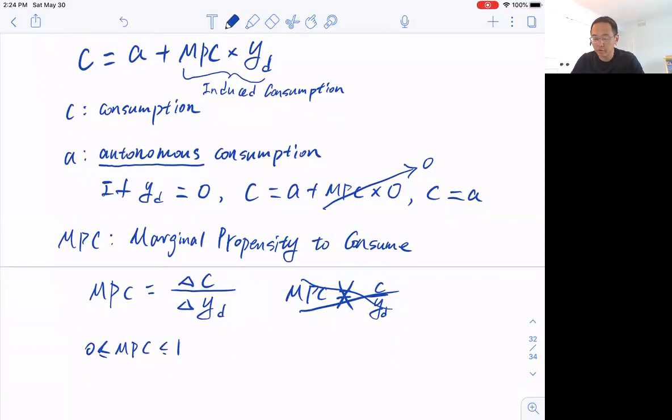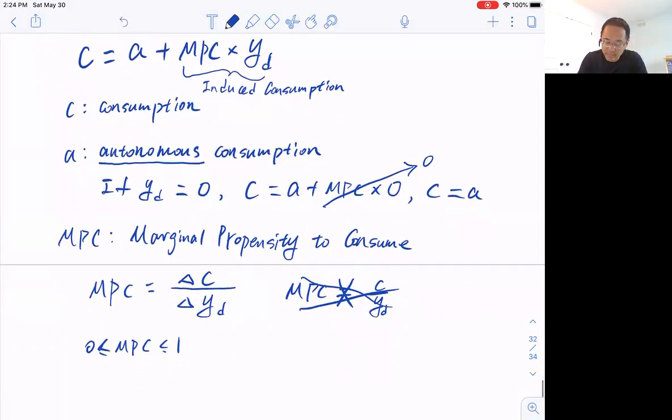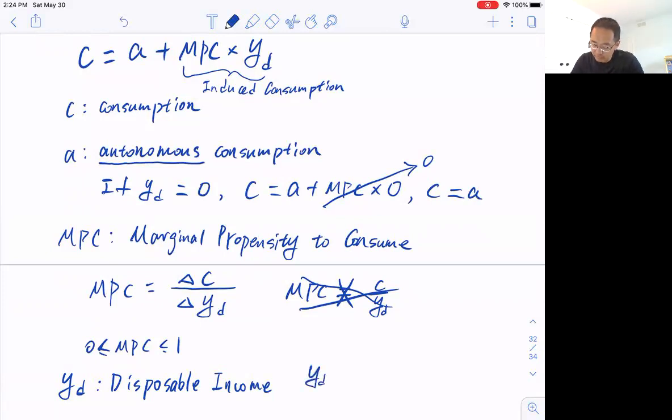Well, if you recall, this leads to the last component here, which is disposable income. We said disposable income is after-tax income, so what you can dispose of. There are a couple ways of looking at it.